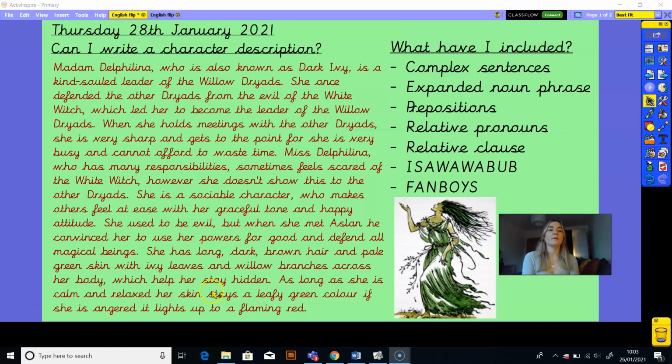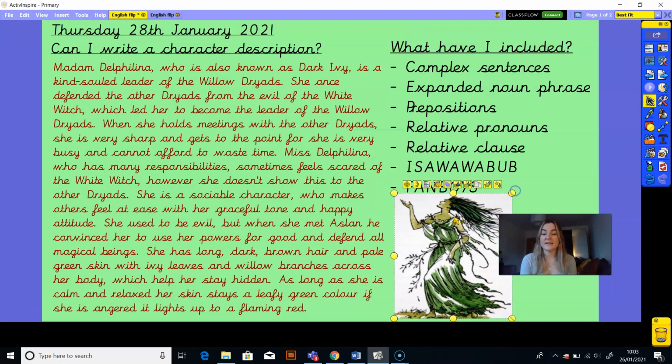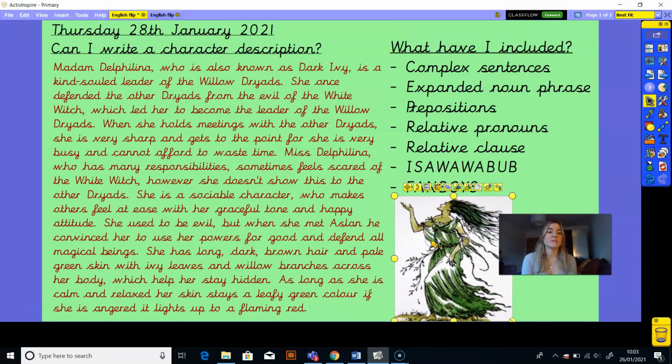Remember, I wrote about this lovely lady yesterday and I found some words to describe her. Madame Delphilina, I picked a tricky name. Madame Delphilina, who is also known as Dark Ivy, is a kind-souled leader of the Willow Dryads.